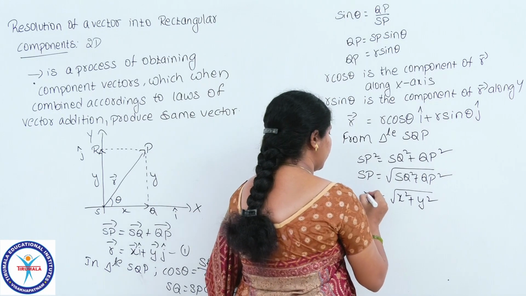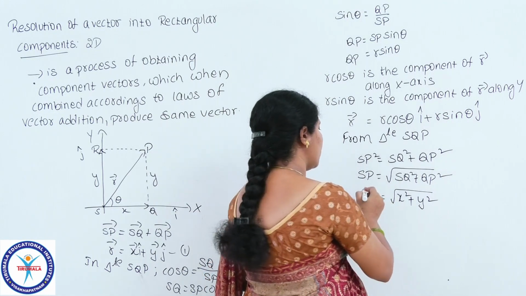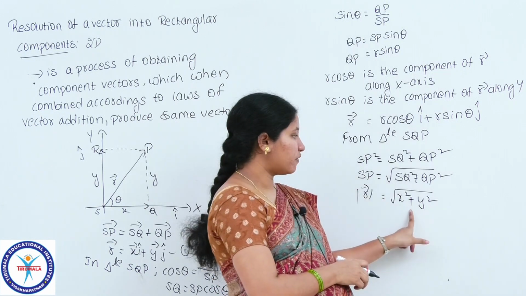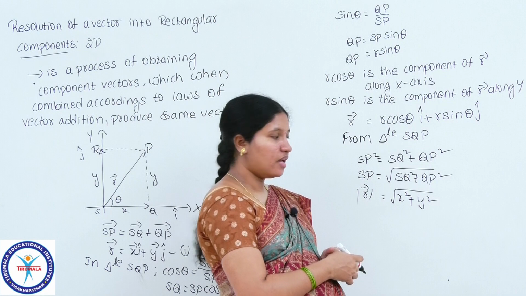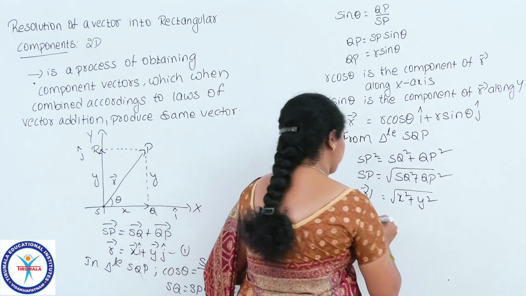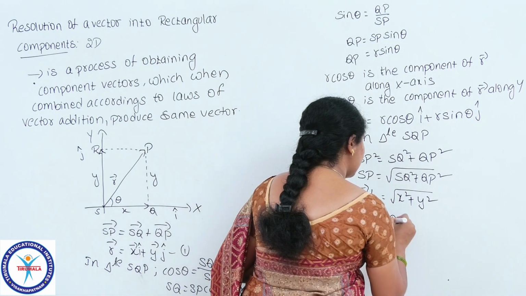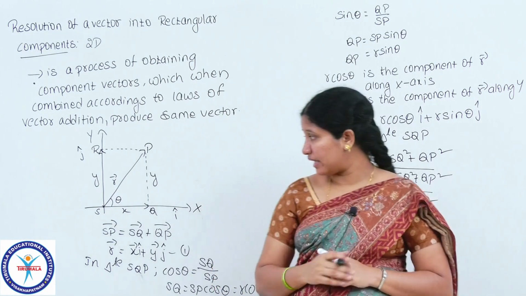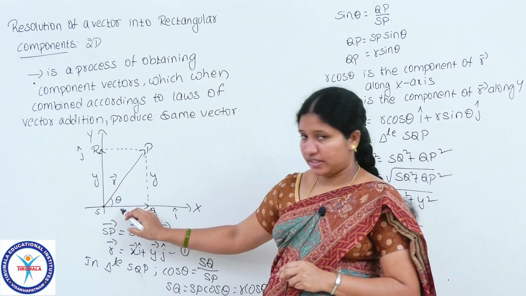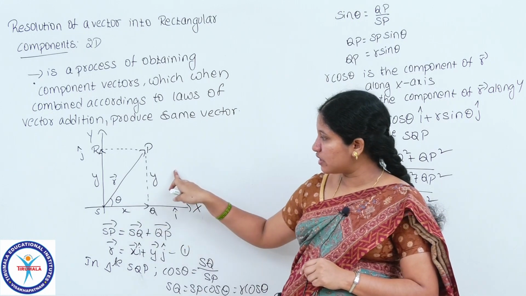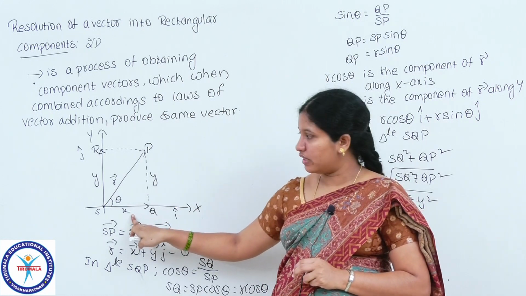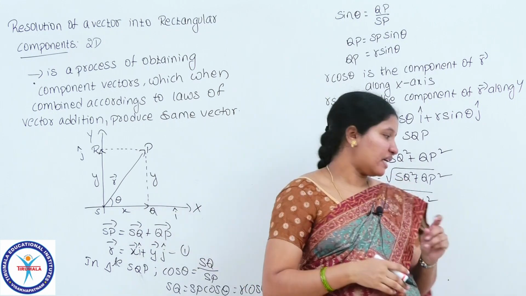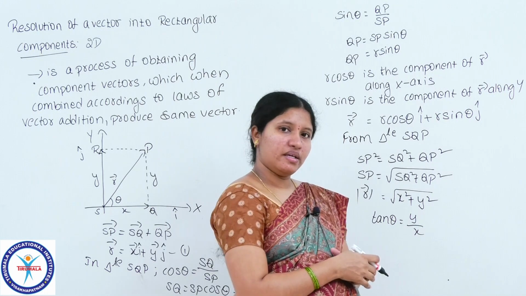So, here we get R, that is magnitude of R bar, is equal to square root of x square plus y square, and we can give the angle: tan theta is equal to y by x. From this triangle, tan theta equals opposite side by adjacent side. What is opposite side? y, by x. So, tan theta is equal to y by x.